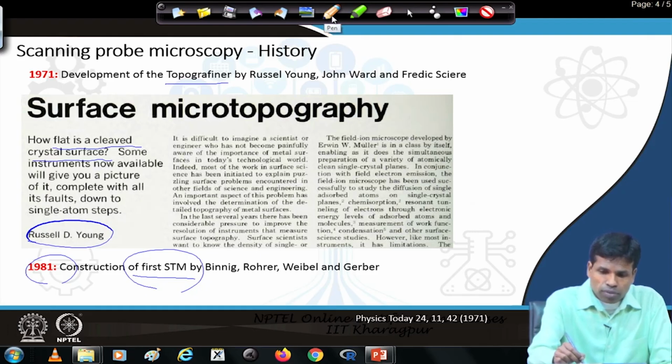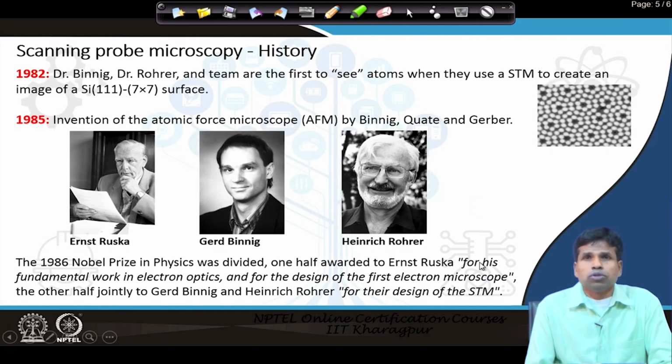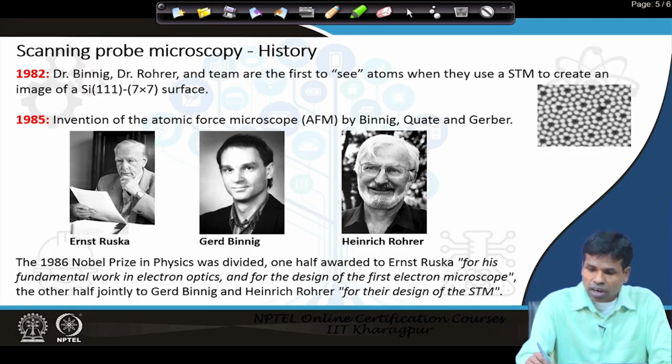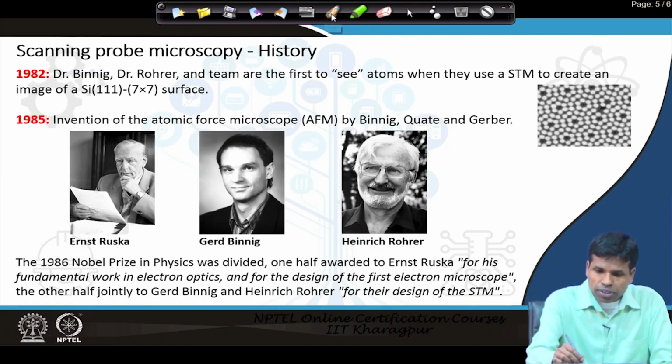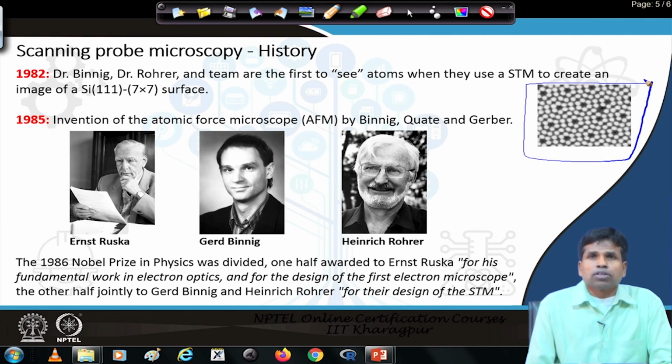That is one of the amazing things: there are several things available to the scientific community, but sometimes they are not efficiently or properly utilized to get the information. So, in 1982, using their scanning tunneling microscope, they could obtain the image of a silicon 111 surface, where they could see the atoms, as you see here, how the atoms are arranged on a silicon 111 surface.